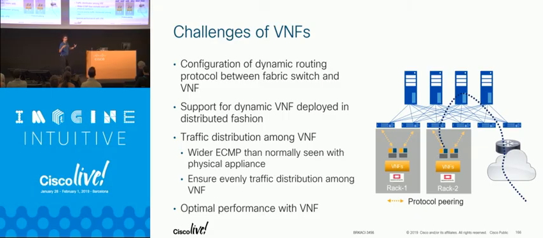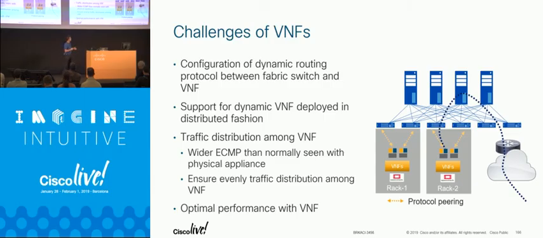Typically, when you've got VNF, you may want to have those VNF exposing services. Maybe it's a load balancer that exposes VIP addresses, and behind it is a server farm. But you may want also to have multiple VNF instances that expose the same service, so you can load balance across those VNF.